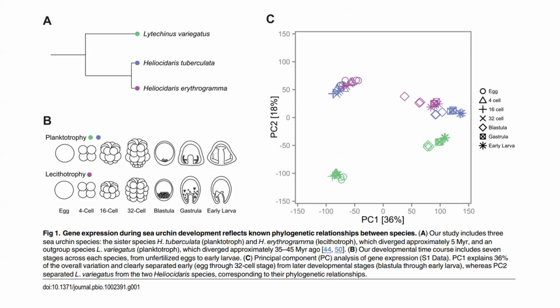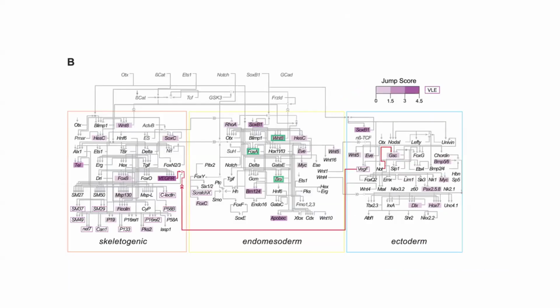And looking at this for the development from unfertilized egg to early larvae, they could see that the life stage was the major descriptor of how the signaling in the network was actually structured. This is a principal component analysis, and I hope they're not suffering from the ubiquitous horseshoe effect on the second axis. They might be, but nevertheless.